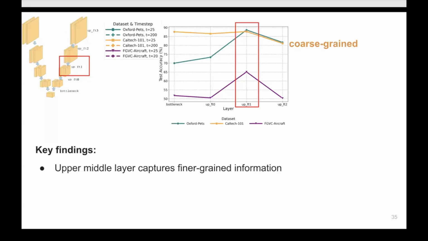I don't have it in this slide, but we tried it on ImageNet and other datasets with what we think are coarser feature classes, and it was consistent that performance, particularly for finer grained datasets, was better for upfeed 1. For coarse grained, the deltas weren't that high.